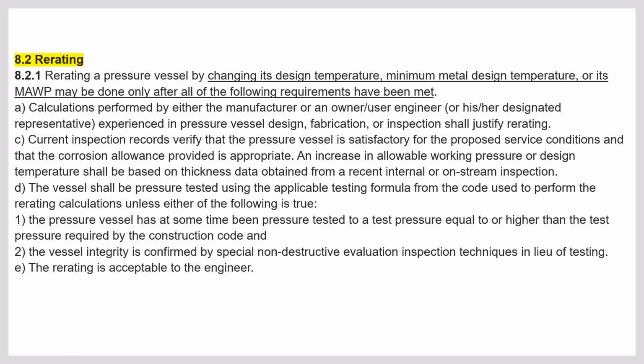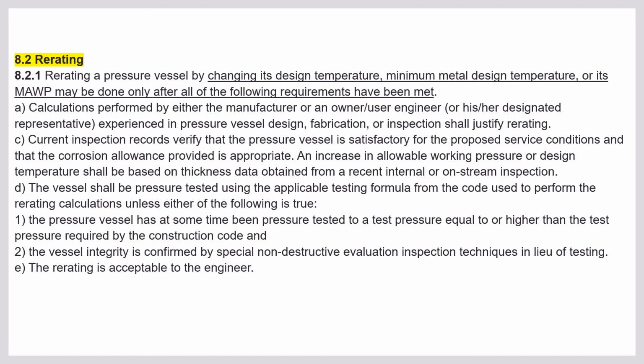And re-rating. When we say re-rating, if my vessel at the time of construction, after construction, I did the calculation and the designer said, okay, this will take this much corrosion allowance and it will go for 30 years. Let's say after 5 years I go and check again and I find the corrosion is much higher, then I have to re-rate the pressure vessel.